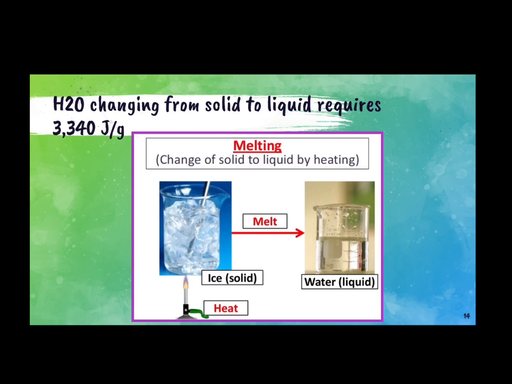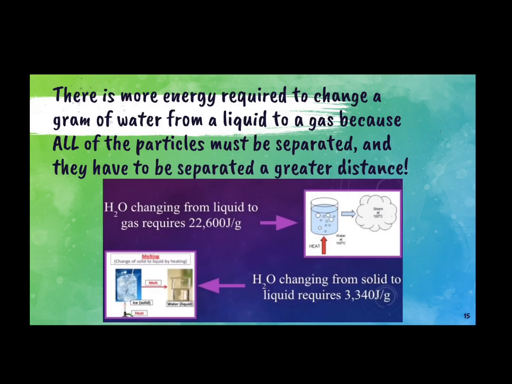And here I have water changing from solid to liquid, which requires 3,340 joules per gram. There's more energy required to change a gram of water from a liquid to a gas because all of those particles have to be separated, and they have to be separated from a greater distance apart.